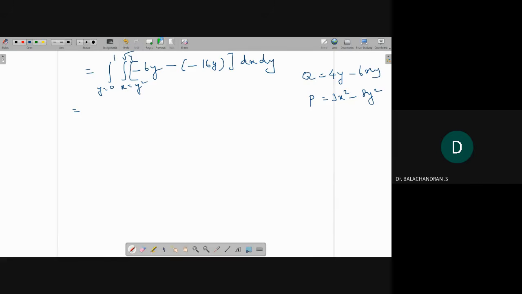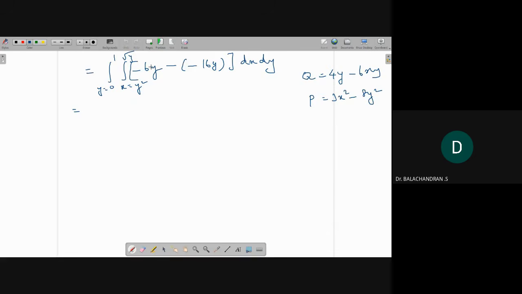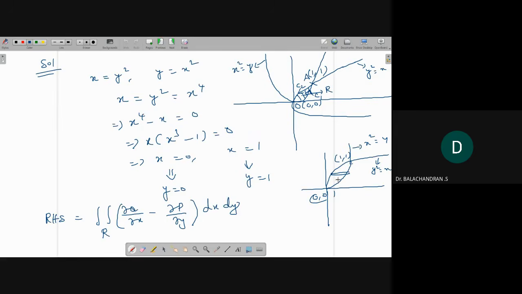The outer limit is always a constant, and the inner limit is the one that will be variable. So the outer limit is always constant because you should move the strip from here to here. The strip moves along this curve. So y varies from here to here, which means y varies from 0 to 1.